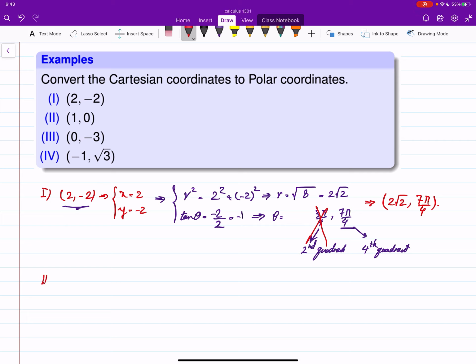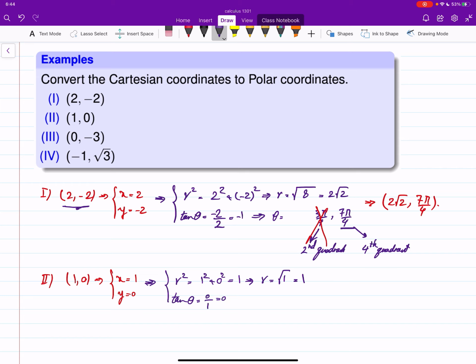Let's start with this one. So 1 and 0. So that means that x is 1, y is 0. From there, we can go ahead and see that, okay, r squared is going to be 1 squared plus 0 squared, which is 1. So I pick just the positive root of that. So r is 1. Tan theta must be y over x, which is 0.